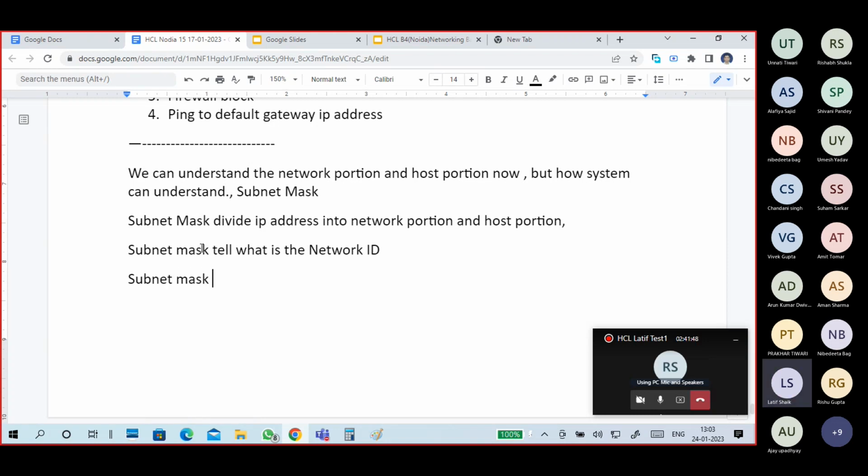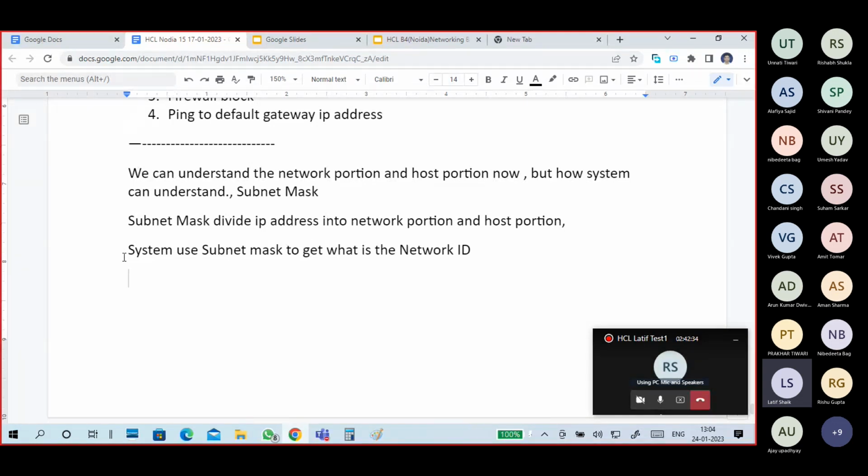Just telling plainly, guys, a subnet mask is a number, but the system will use the subnet mask to get the network ID.